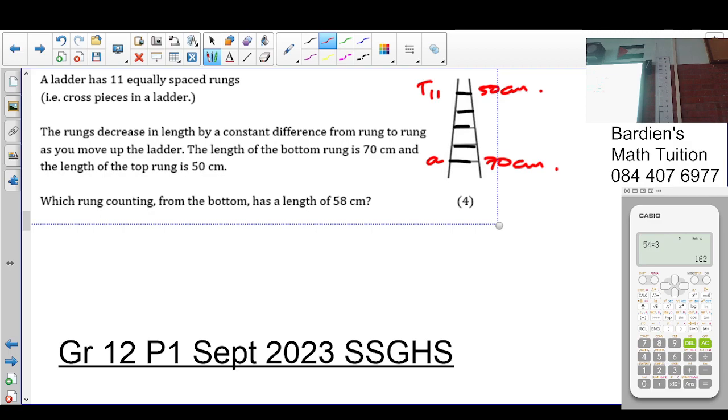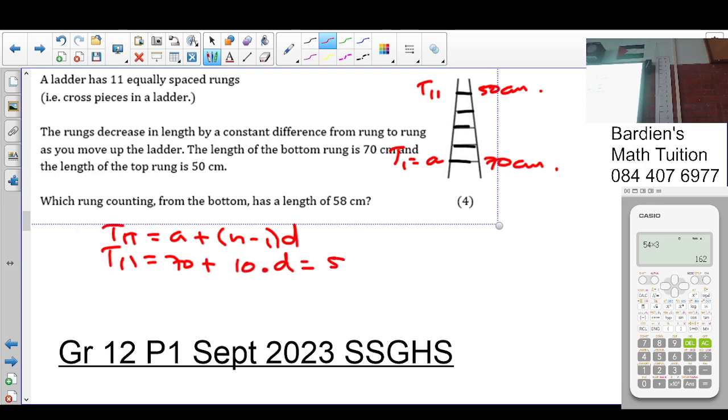Why did I make that a? Because that's T1, the first term in the sequence. So Tn is equal to a plus (n minus 1)d. So T11 is going to be 70 plus (11 minus 1), which is 10, times d, which is what I'm calculating, equal to 50.